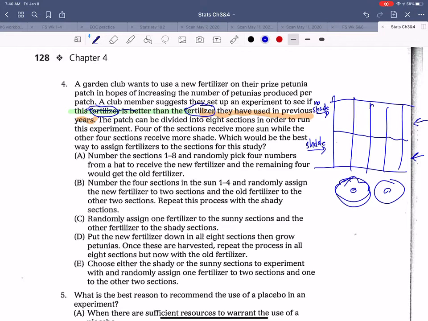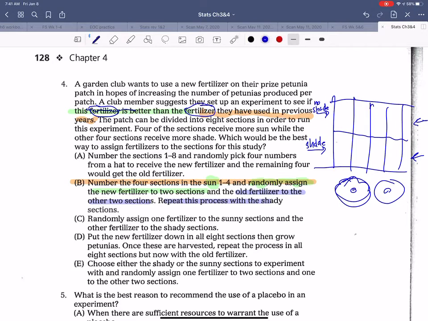So when we see this, we see that B, the 4 sections, and then we want to randomly assign the new fertilizer to 2 sections in the sunny side, and then randomly assign to the 2 sections in the shady side, repeating the process for the shady side, and this will allow for equal parts to each section.